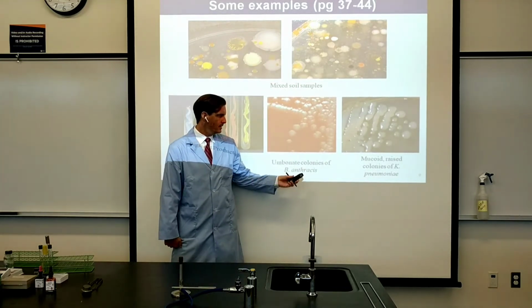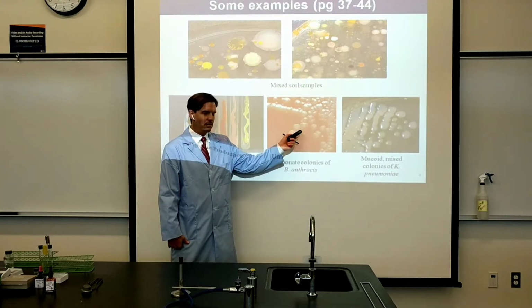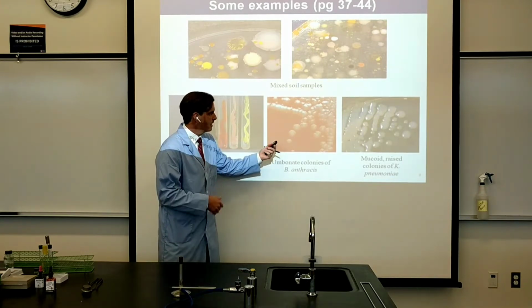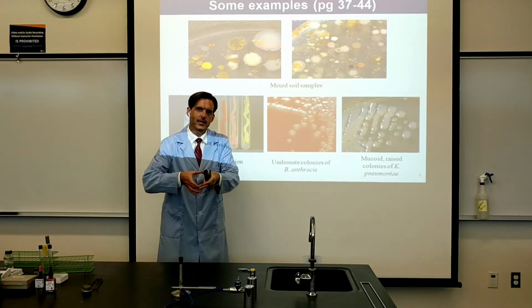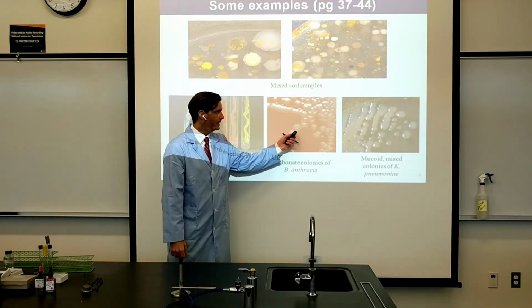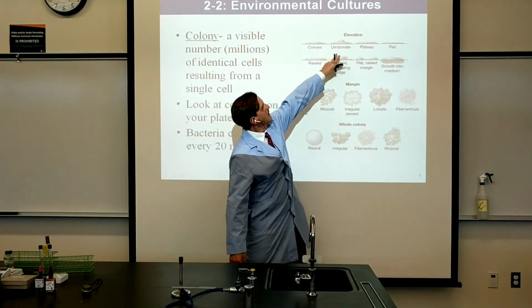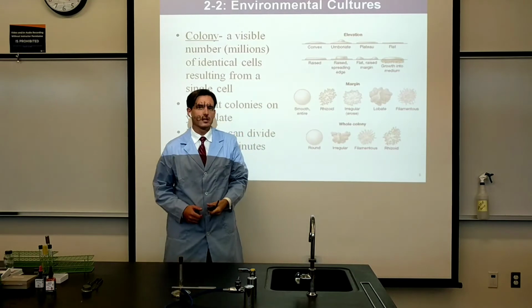Here are the colonies of Bacillus anthracis, and it's a little hard to see on here, but these do have the so-called fried egg appearance, because there's a center that looks like an egg yolk, and that raised area looks like that. As we see here, it has a really unusual term called umbonate.